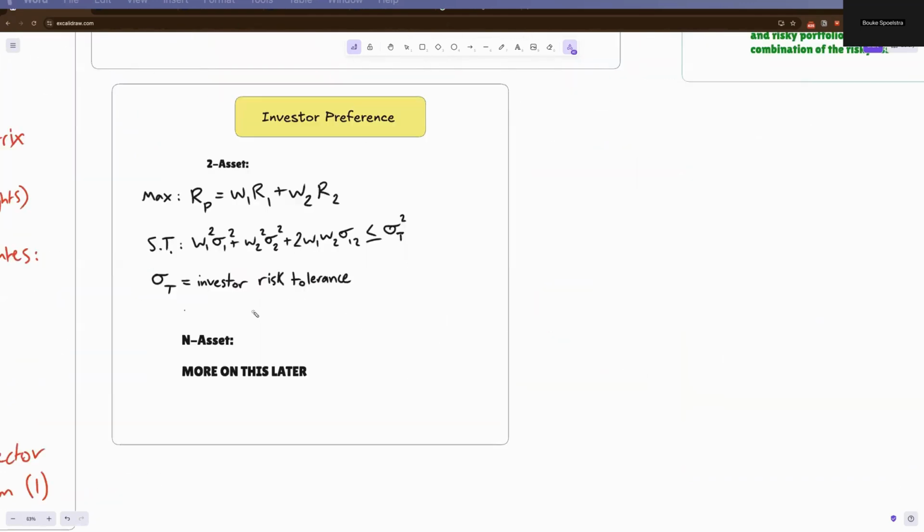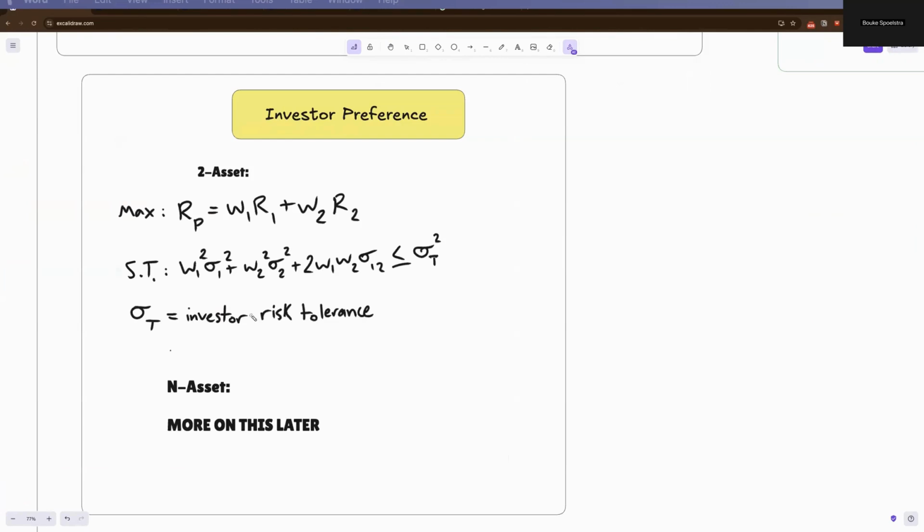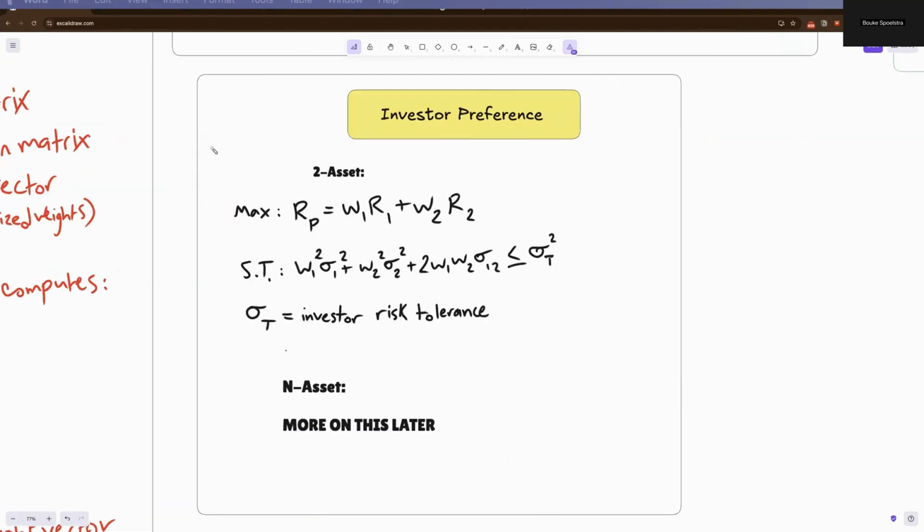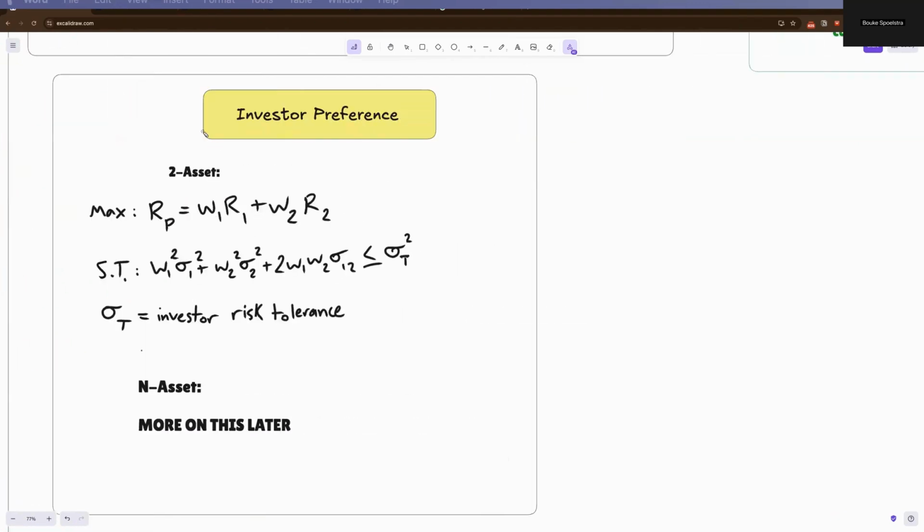So the last one is the investor preference. This one I'm really not going to go over. This is just a corollary to the Sharpe ratio maximization problem. With this one, instead of minimizing the risk, we're maximizing the returns, subject to the risk having to be below a certain investor tolerance.